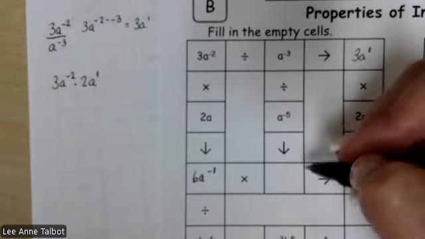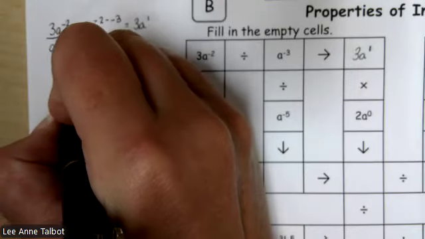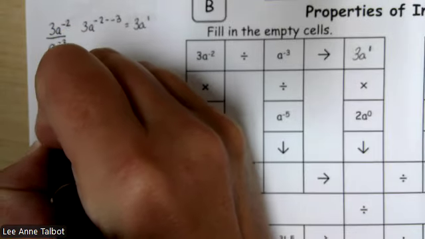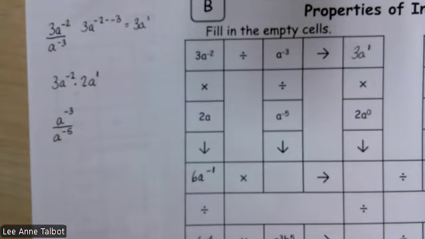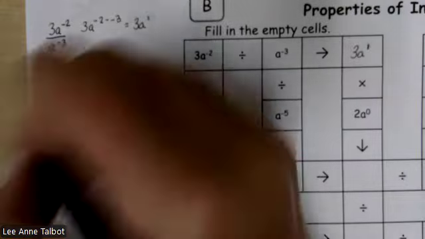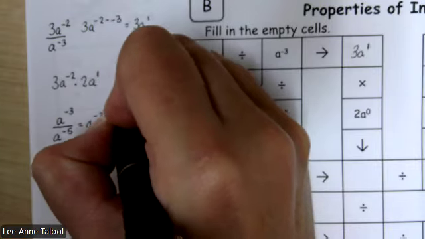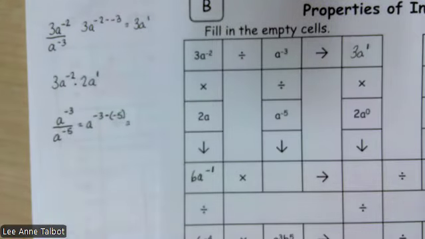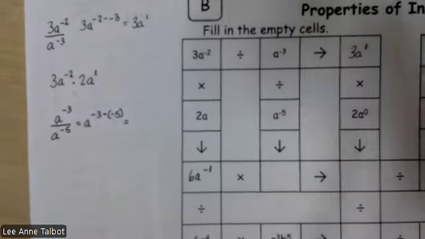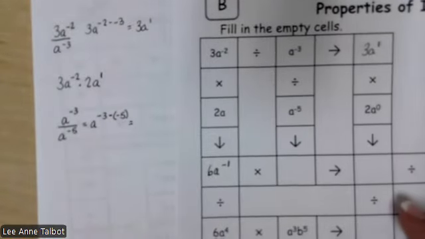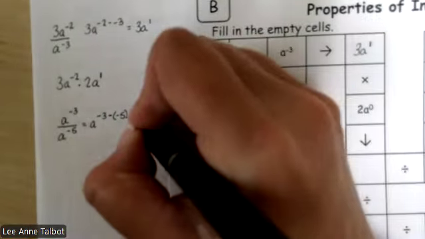Okay, now I'm going to come down the middle. A to the negative 3 over a to the negative 5. What's negative 3 minus negative 5? Positive 2.